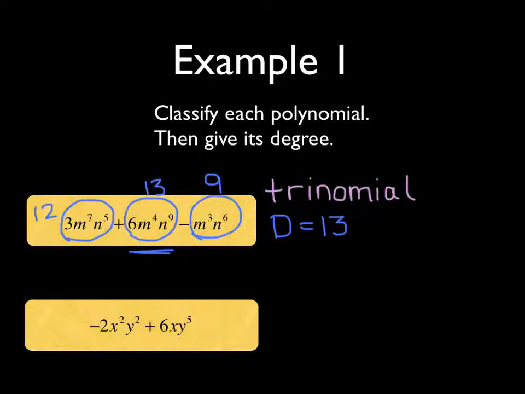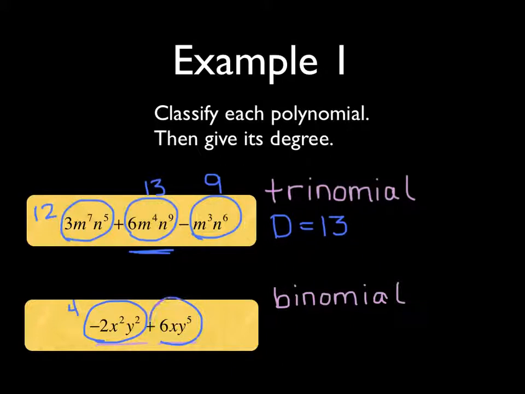Okay, how would you classify this next one? Binomial, yep, 2 pieces. So this would be a binomial. And then in this term, what's my total degree? 2 and 2 is 4.